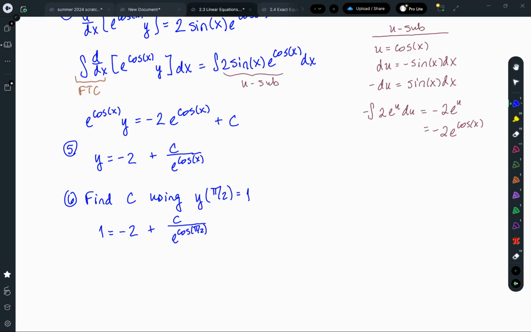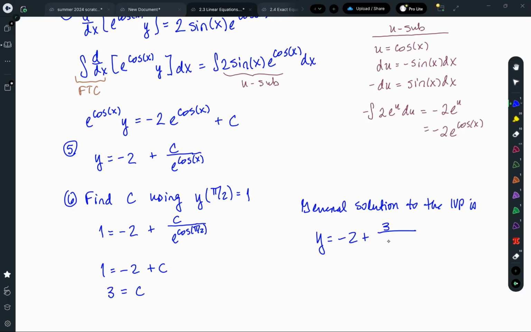Cosine of pi over 2 is 0 and e to the 0 is 1. So I get 1 is equal to negative 2 plus c. 3 is c. So finally, our solution to the IVP is y equals -2 plus 3 over e to the cosine of x.